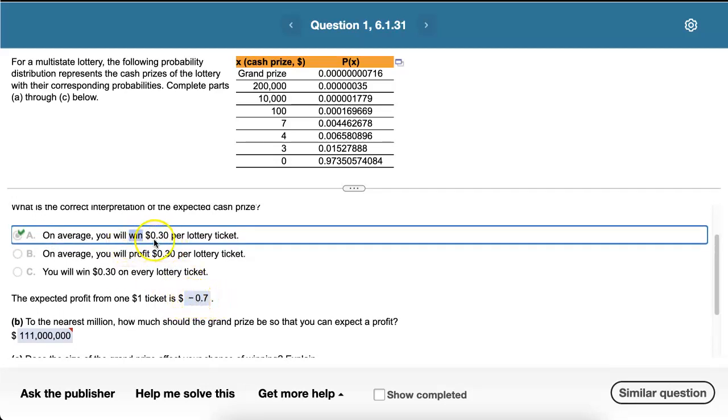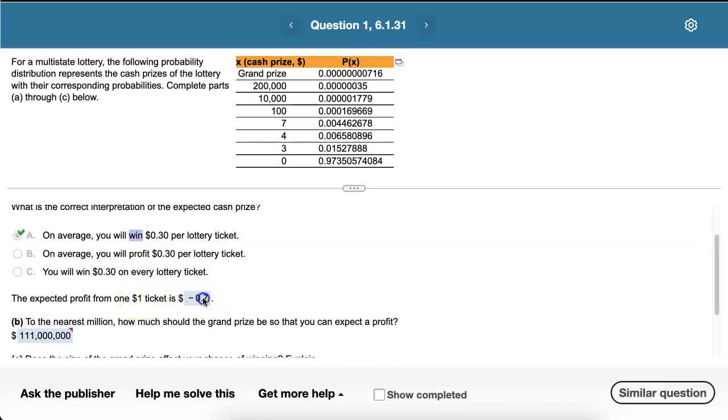The 30 cents that we win minus the $1 that we paid, because that's coming out, we have a negative value. So that's a negative 70 cents. That can be interpreted as if you're paying $1 per ticket, then you are losing 70 cents per play, per ticket. Again, because of the negative sign there.